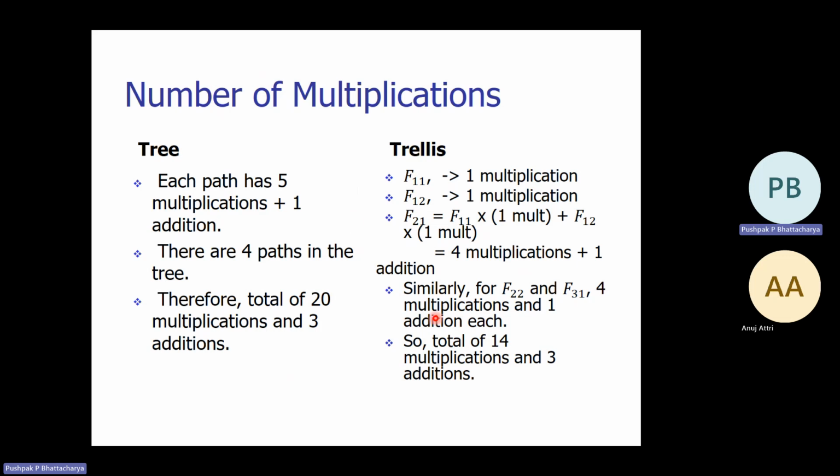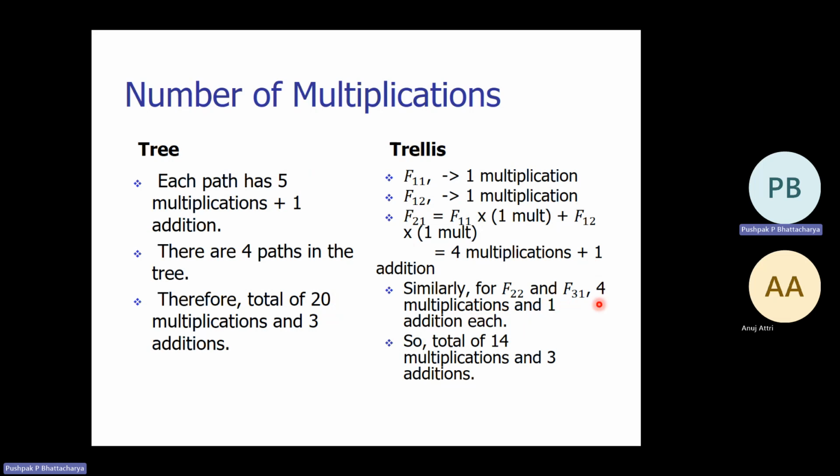So in the tree, each path has 5 multiplications plus 1 addition. There are 4 paths in the tree, therefore a total of 20 multiplications and 3 additions. Whereas if you work with forward probabilities and the trellis, then F11 is 1 multiplication, F12 is 1 multiplication, F21 is F11 into 1 multiplication plus F12 into 1 multiplication, 4 multiplications plus 1 addition.